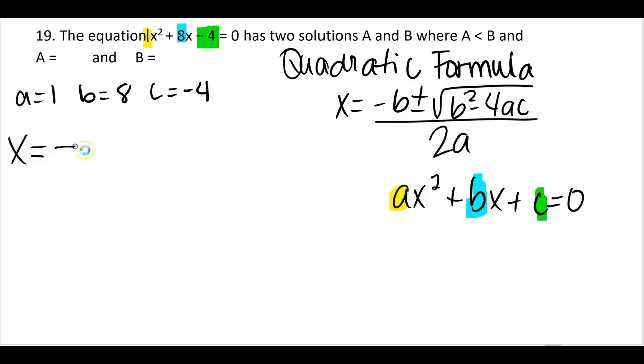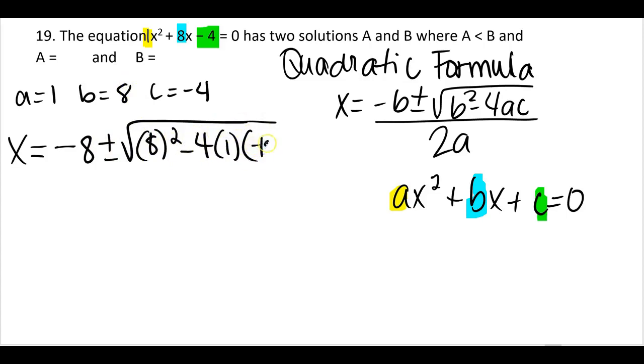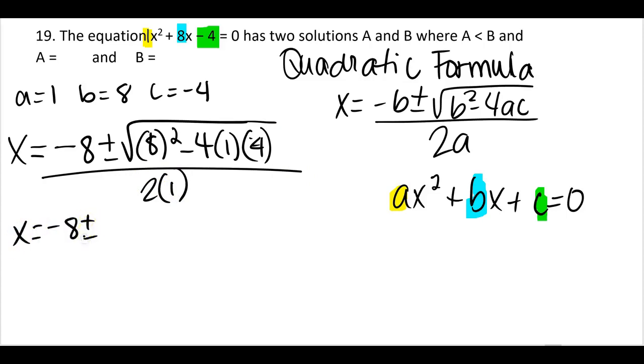x equals negative b, which is negative 8, plus or minus the square root of 8 squared minus 4 times a times c, all divided by 2a, 2 times 1. So we've got negative 8 plus or minus. That plus or minus is going to give us our two different solutions.